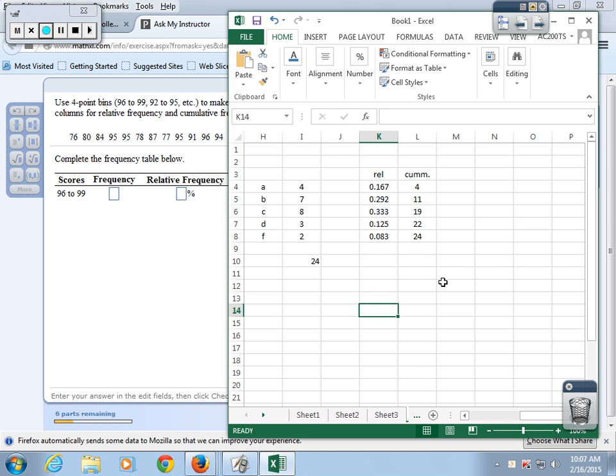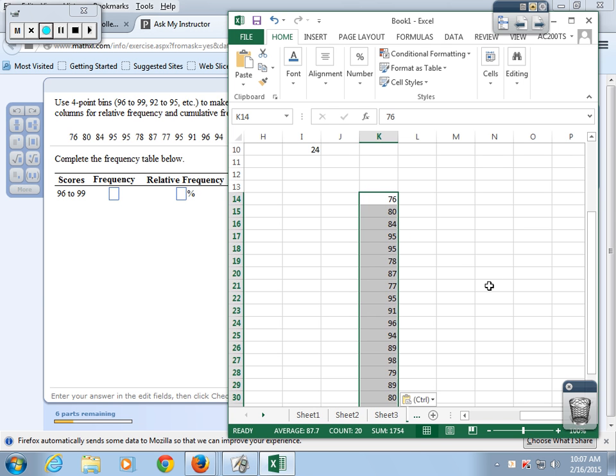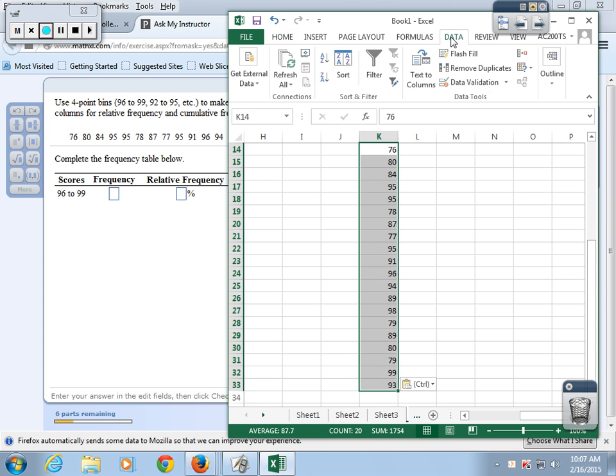All right, here we go. And first thing you do is put them in order. There. Let's do the first bin. The first bin is 96 to 99. Well, that's going down. 92 to 95. They even got them backwards.